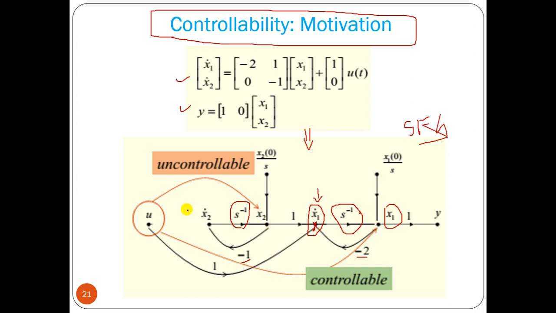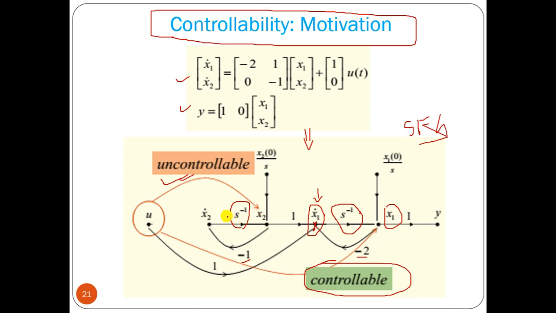So we can say this input can control x1, so x1 is controllable, but this input cannot control the x2 variable, so it is uncontrollable. So as a whole, the system will be uncontrollable.